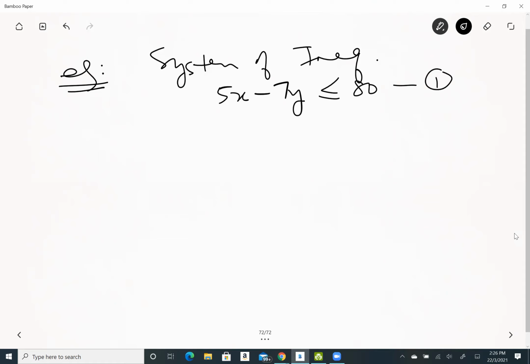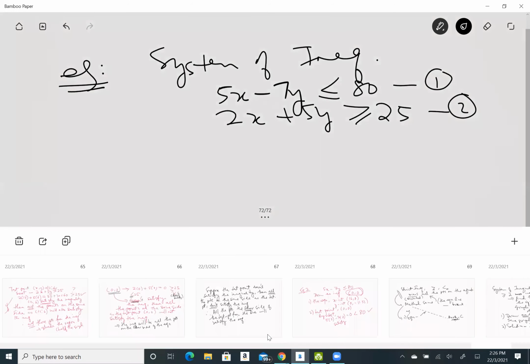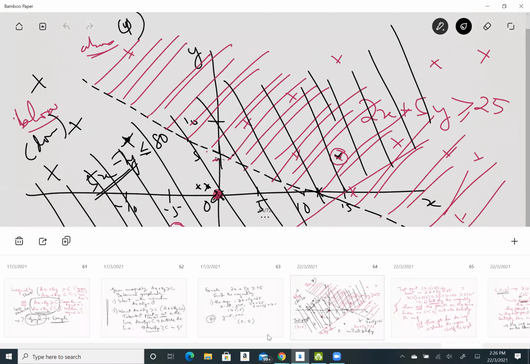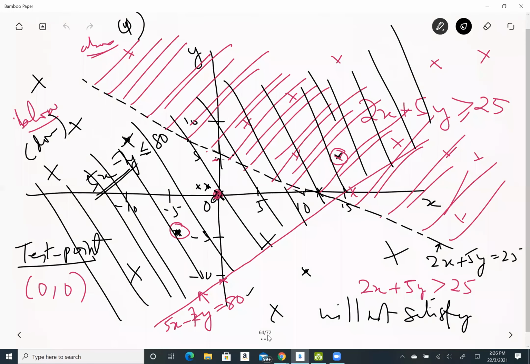And then the other one is 2x plus 5y bigger or equal to 25. Call it number two. So that is the system. Now you go back to the graph, because we already have the graph. We drew it already on the same graph.